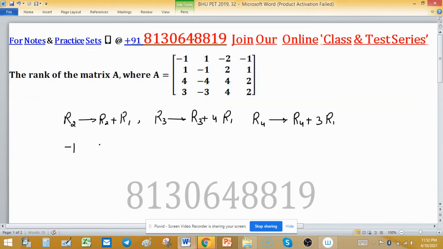So the first row is the same: -1, 1, -2, -1. The second row is 0, 0, 0, 0. The third row is 0, 0, -2, -4 and -2. The fourth row is 0, 0, 3, 6, so -2 and -1.